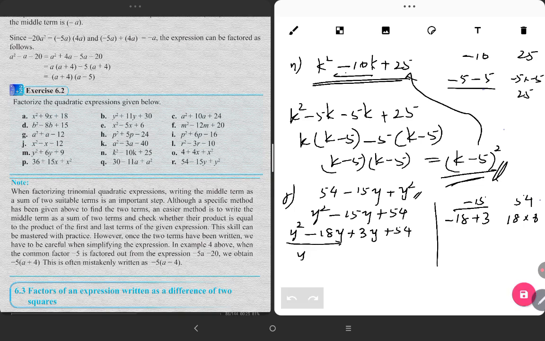Out of this, if I take y out, it's going to be y minus 18. Okay, that's wrong, right? Minus 8 plus 3 is minus 15, but minus 8 times 3 is not plus 54. So this is wrong. The way that I approached was wrong. So let's go back again.